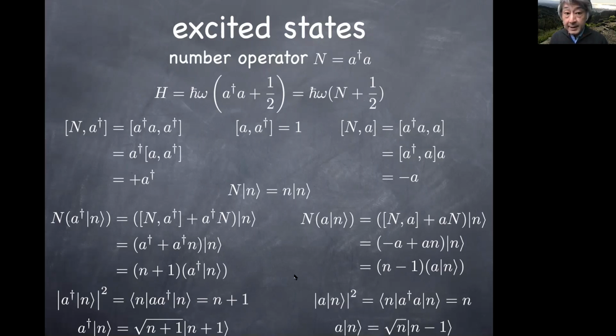On the other hand, the N operator is A dagger A, therefore the N operator is positive semi-definite. You can never have an eigenvalue of N that's negative.